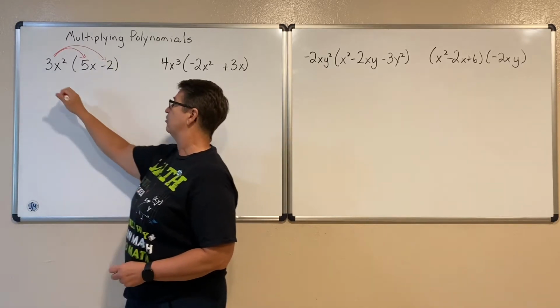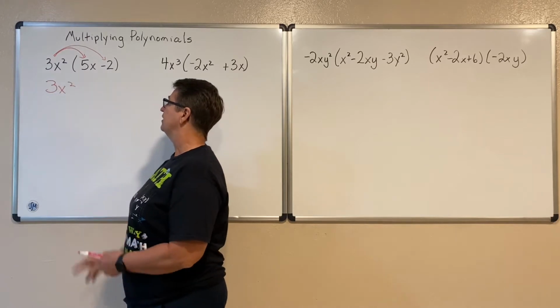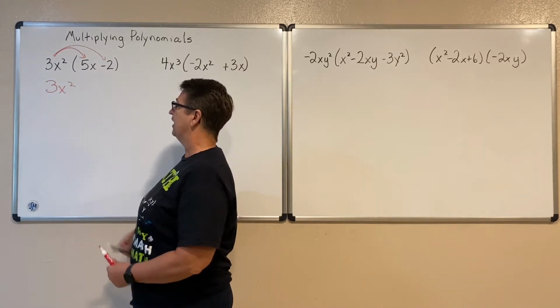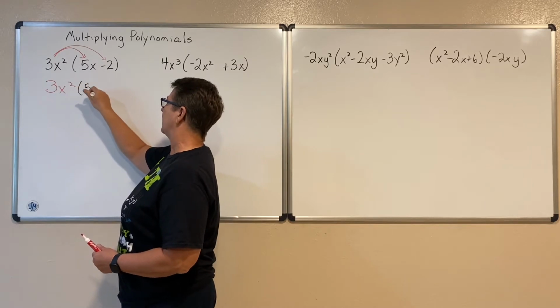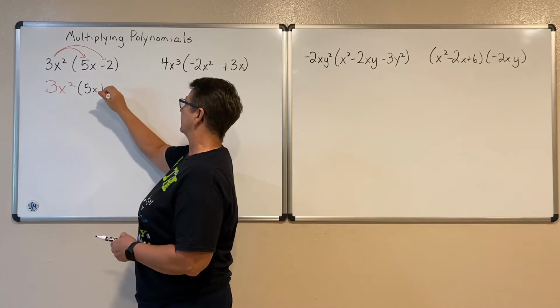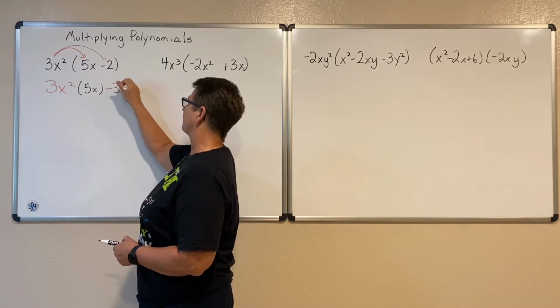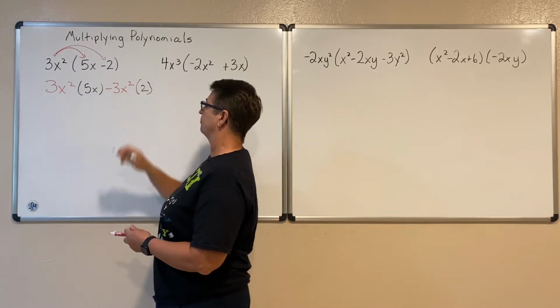When we do that, we're just going to multiply 3x squared times this 5x, and then we're going to multiply that 3x squared by this negative 2.